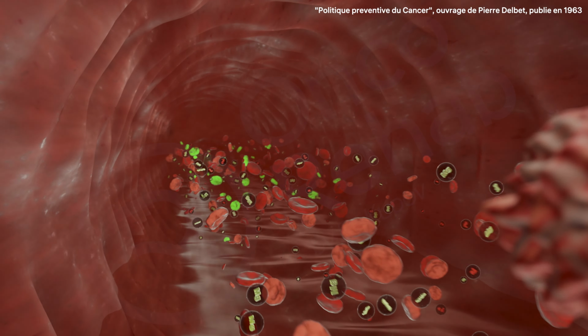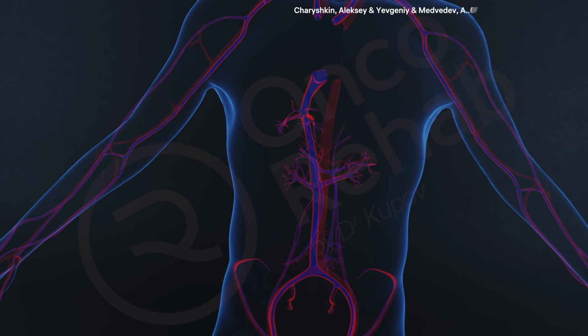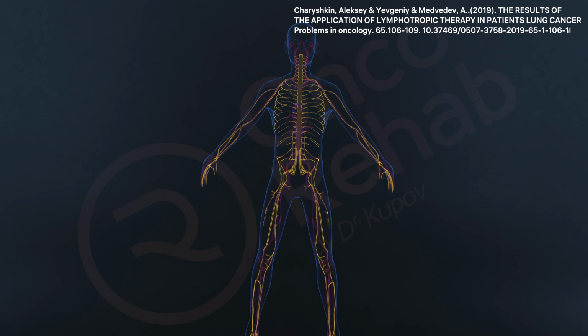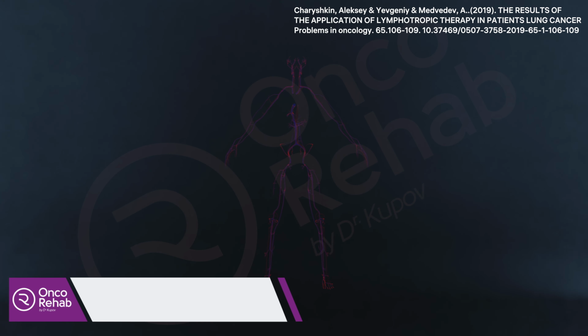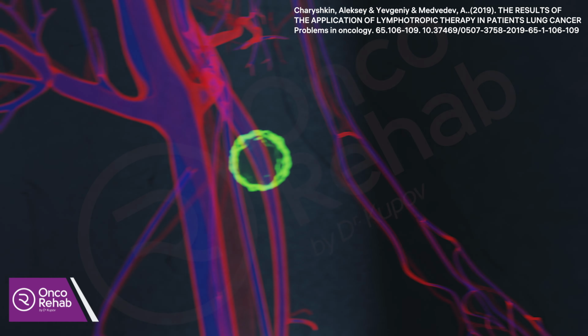The medication with Chlorin e6 is injected into the body in three ways: intravenously, lymphotropically, and rectally. The introduced photosensitizer is concentrated inside cancer cells due to the fact that the cells use chlorin as a building material in the S phase of cell division.